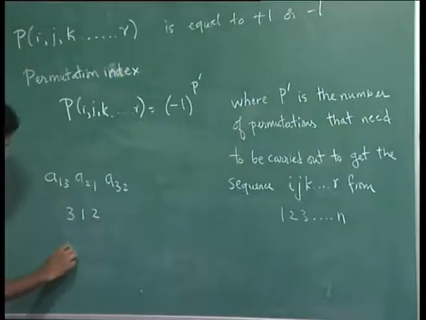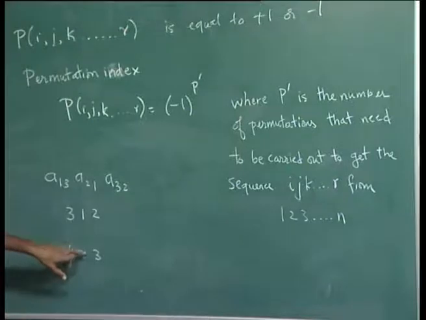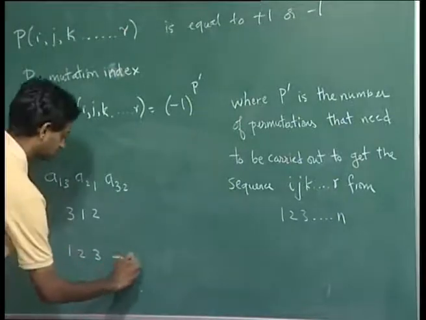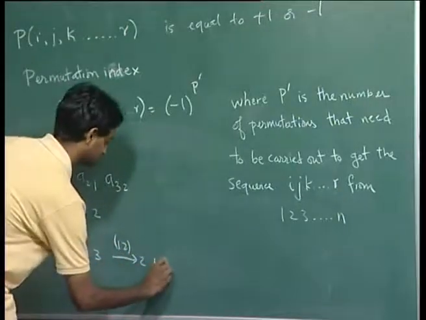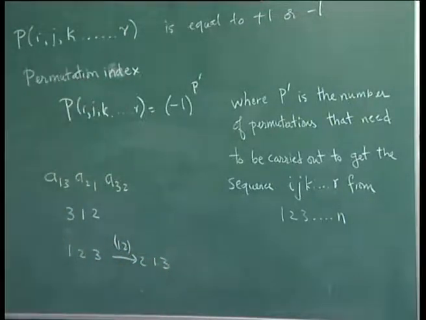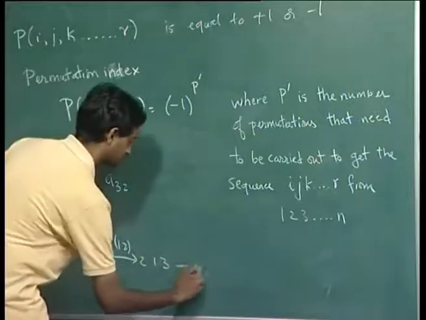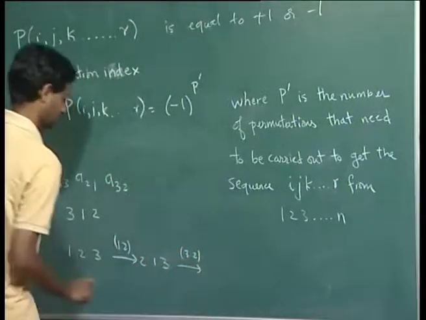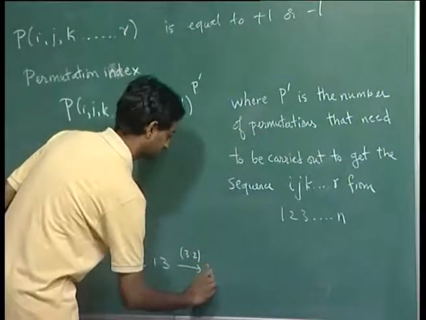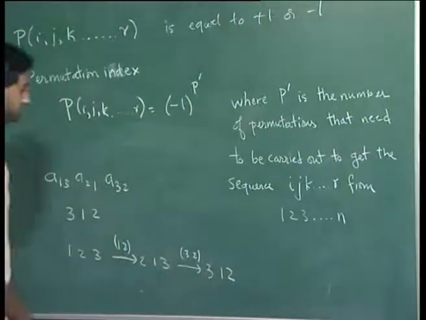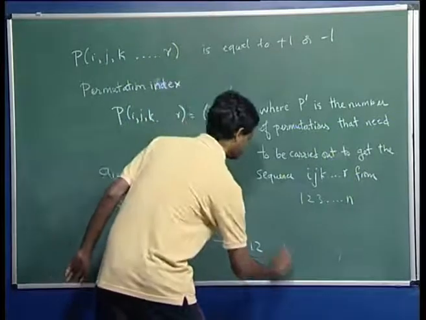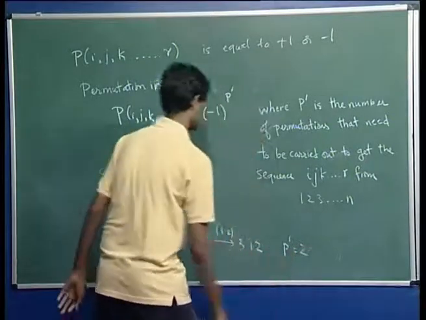So, you start with 1, 2, 3. Now, if I switch 1 and 2, I get 2, 1, 3. Then I switch 3 and 2, and I get 3, 1, 2. So, therefore, I have to do 2 switches. So p prime equal to 2.